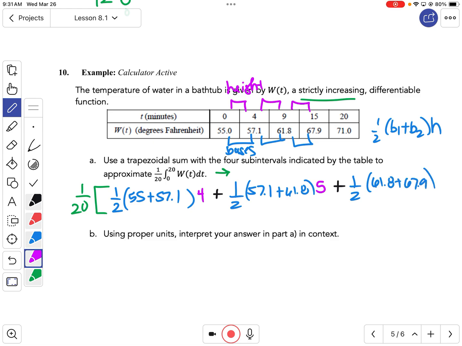And what's my height? 6. Okay. Plus, we're going to do it one more time. 1/2. 67.9 plus 71. And what's my height? 5. And that's what we'll put on the calculator. It is all arithmetic. Okay, it is all arithmetic. It's just asking me for that value.